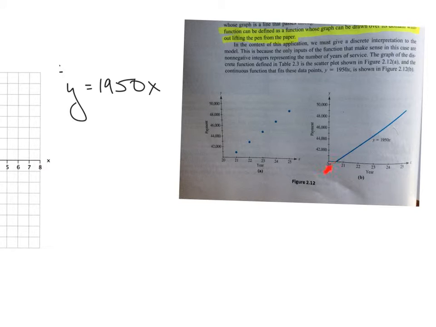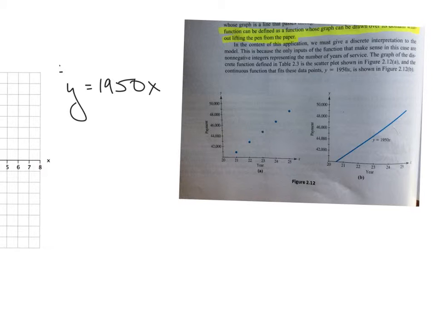Okay, you're not going to lose money. You're not going to be in the negative area here as far as dollars are concerned, so we stop there. All right, and we go all the way up to where the graph stops at 25 years with the university. So that gives us just a line segment there, and that's discrete.